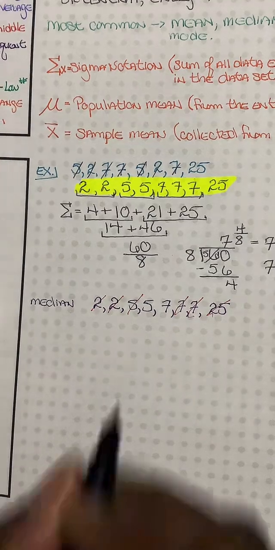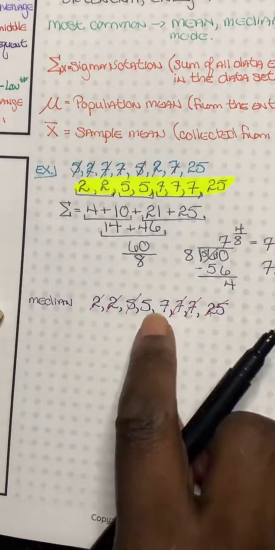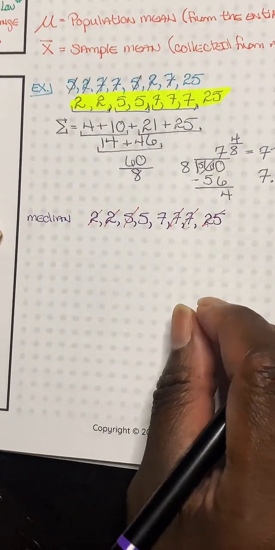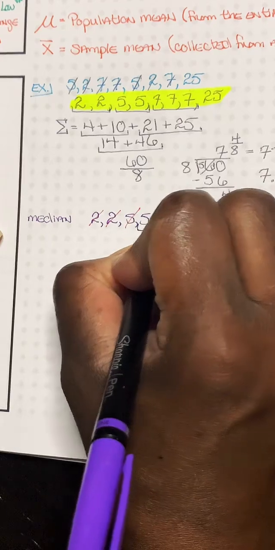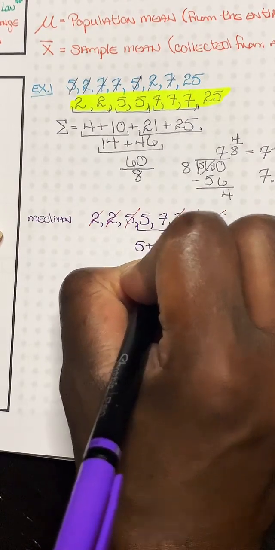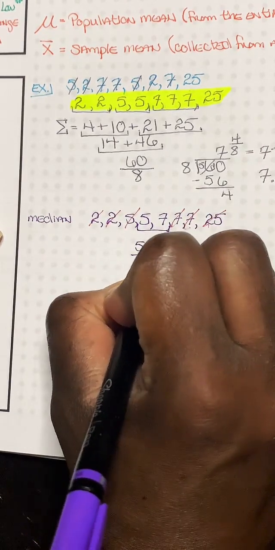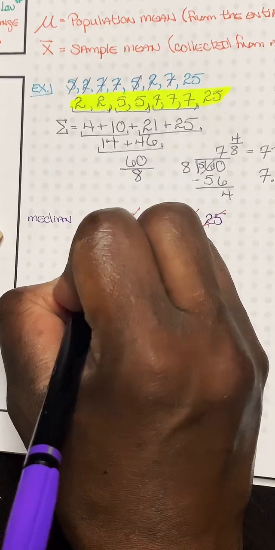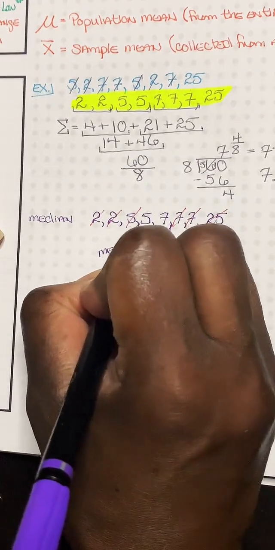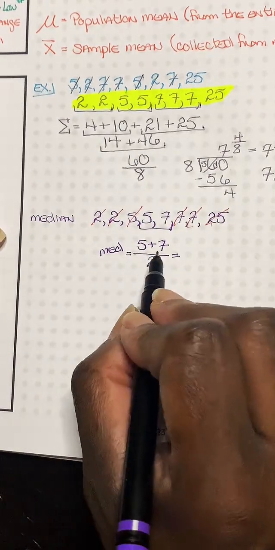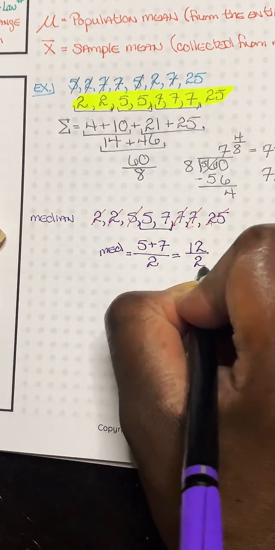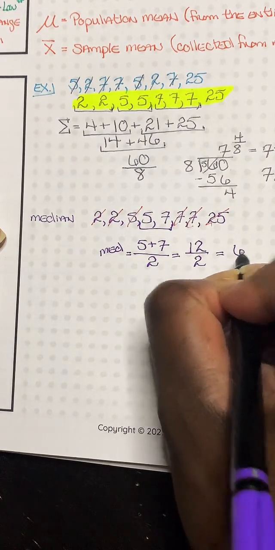You can do it that way if it is as simplistic as that. Another way of doing it, just in case, is you can add these two together, 5 plus 7, and then divide by 2 to find your median, if it's ever between 2 points. 5 plus 7 gives me 12, and 12 divided by 2 gives me 6.